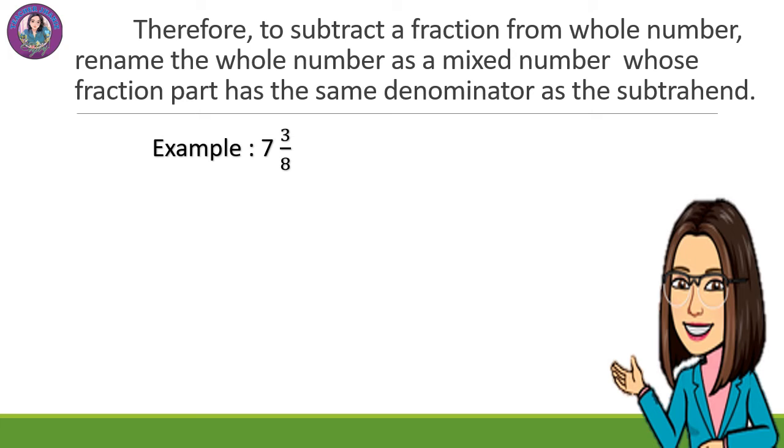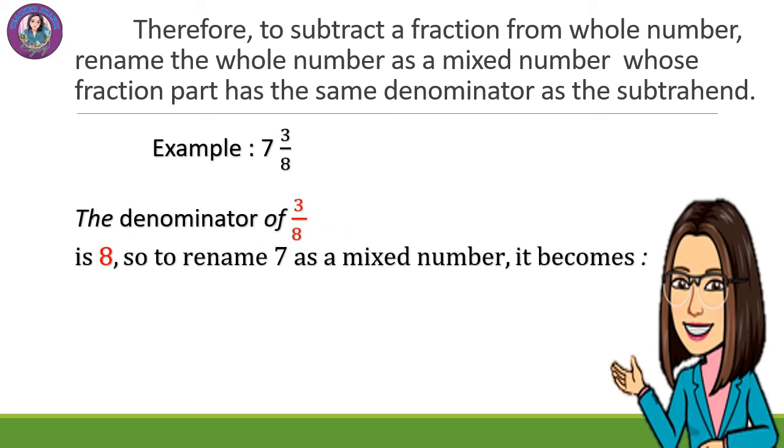Example, 7 minus 3/8. The denominator of 3/8 is 8. So, to rename 7 as a mixed number, it becomes 6 and 8/8. Thus, 7 minus 3/8 equals 6 and 8/8 minus the subtrahend 3/8, that is equal to 6 and 5/8.